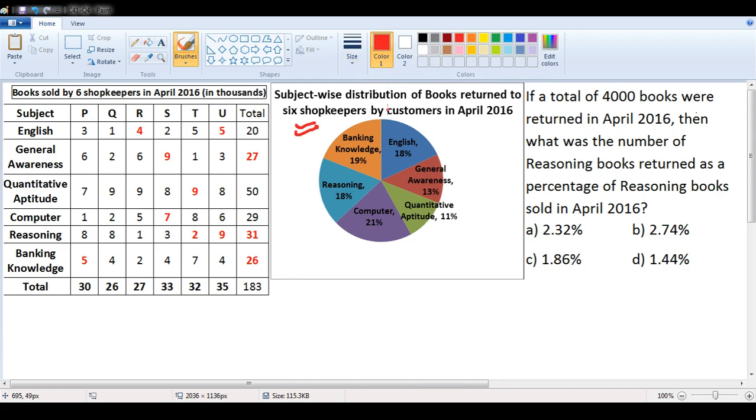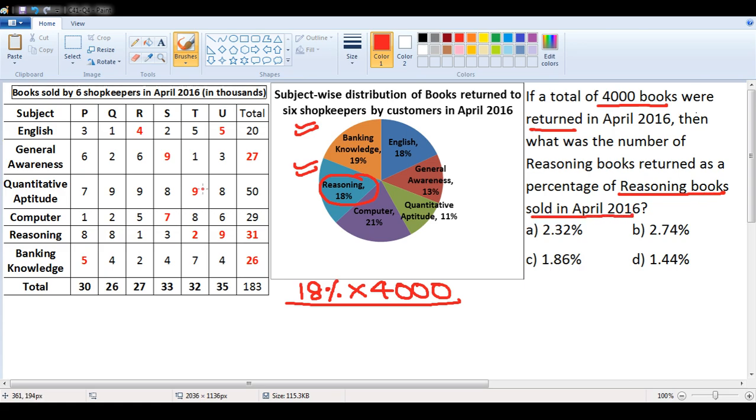Then what was the number of reasoning books returned as a percentage of reasoning books sold in April 2016? Now see here, reasoning returned is 18%, right? Because they are giving the total of 4,000 books returned, and this graph also is telling about returned, it is 18 percentage of that 4,000, as a percentage of reasoning books sold in April 2016.